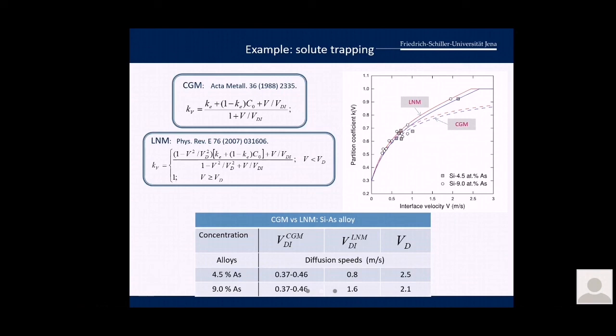And as I showed you, solute trapping can be described more thoroughly with equations which take into account the deviation from equilibrium at the interface by VDI, solute diffusion speed through the diffuse interface, and VD. V is the velocity of the interface.